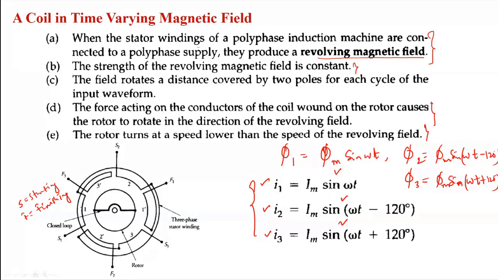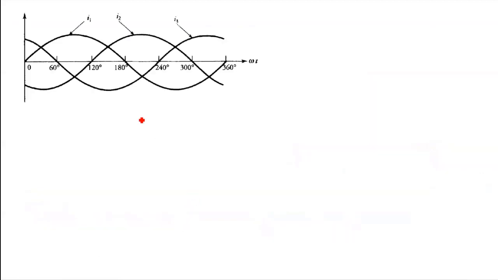Exactly when the current pulsates, this flux will also pulsate in these coils. You can see here I1 is pulsating like this according to the equation, and I2 is lagging I1 by 120 degree, and I3 is lagging I2 by 120 degree, right?